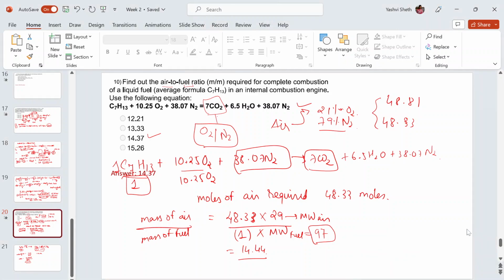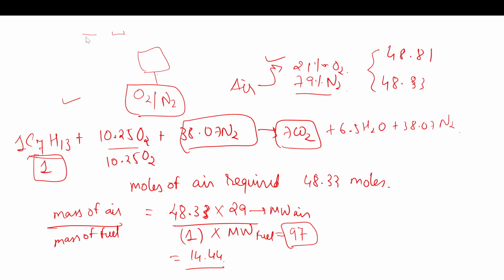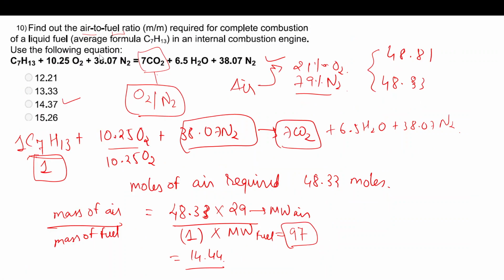Can you explain why we are getting 48.33 and why we have to calculate that point? Yeah, sure. So, just a second. If we want combustion, we will not usually give pure oxygen to the engine.